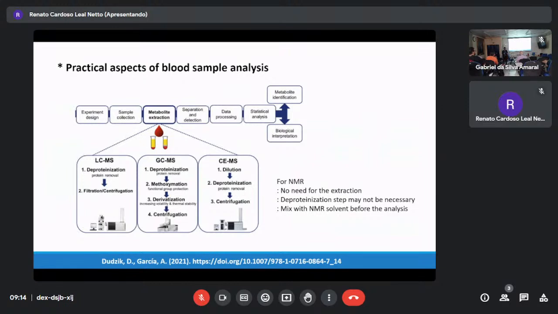Which solvent? Acetonitrile. Many people add acetonitrile, then the protein is precipitated after centrifugation. This is good. Some people use methanol. You can use either acetonitrile or methanol. That is the same.